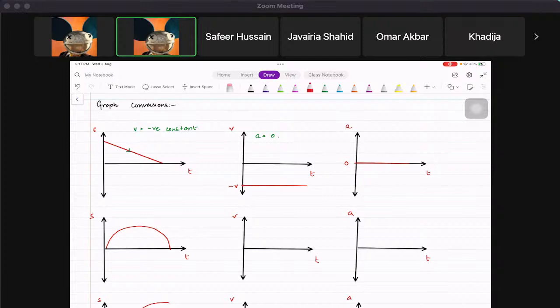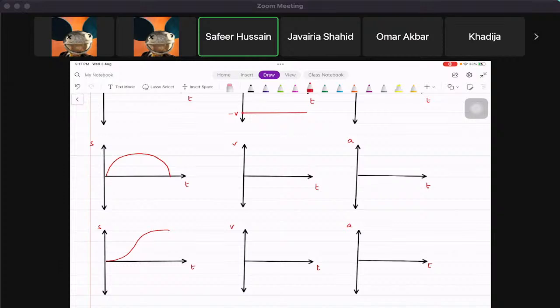Now similarly, in this section you need to understand, we need to convert it into two parts, A, B, C. So from A to B, we see that the velocity is decreasing and it is positive, right?